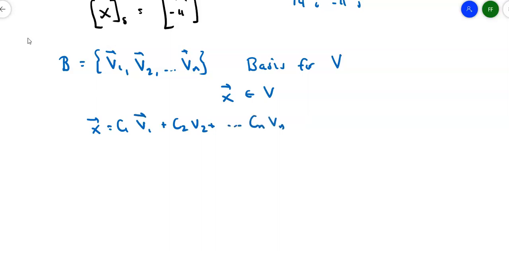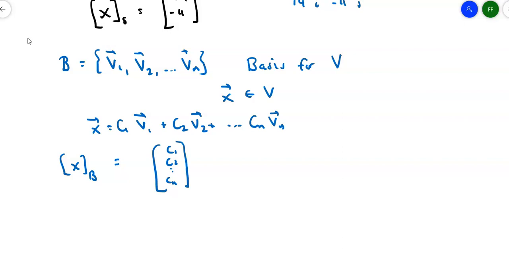All these are now vectors, and I'm putting coefficients in front of the vectors. These scalars are the coordinates of X relative to basis B. So the coordinates of X relative to that basis is the vector C1, C2, all the way till C sub n.